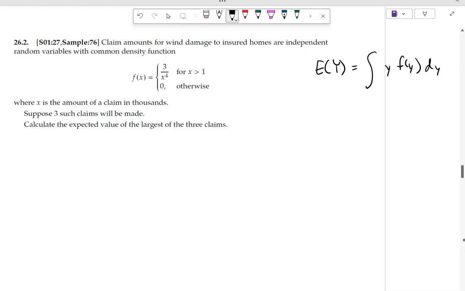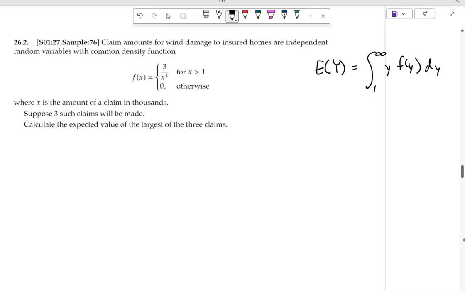In this case, my interval is going to go from 1 to infinity, since my x's go from 1 to infinity. That's what we need to compute, isn't it? Doesn't matter what the distribution is or what the PDF is, that's what we need to compute, right? So in particular, I've got to figure out what my PDF is for y so that I can actually do this integral.